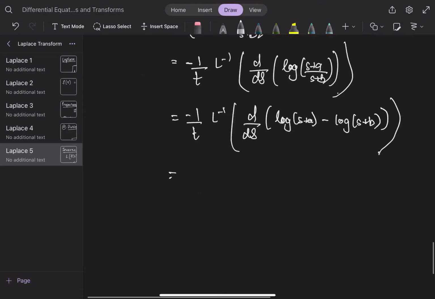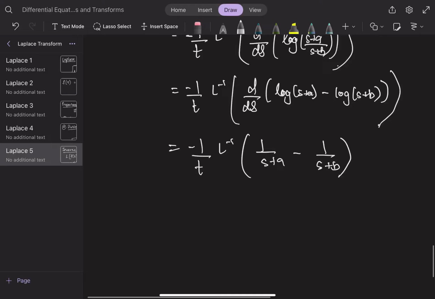Now let's differentiate. You're gonna get 1 by (s plus a) minus 1 by (s plus b). So this becomes minus 1 by t. Now Laplace inverse of 1 by (s plus a) is e raised to minus at, and Laplace inverse of 1 upon (s plus b) is e raised to minus bt.